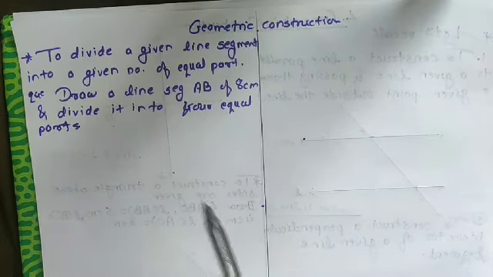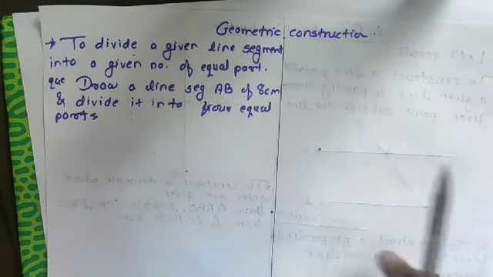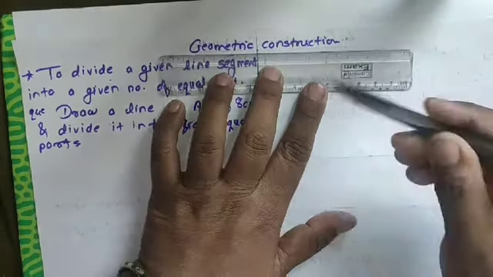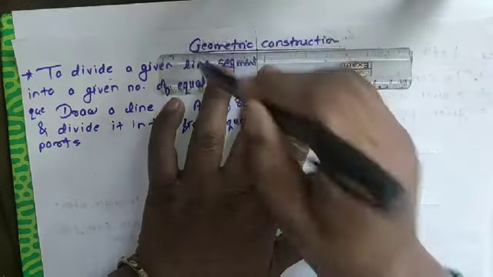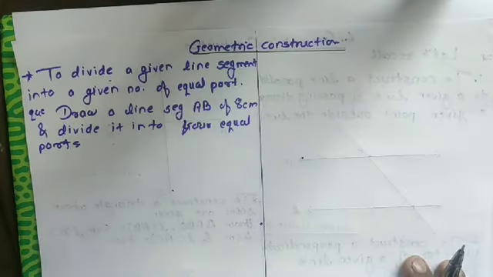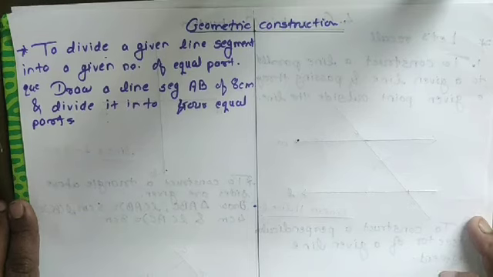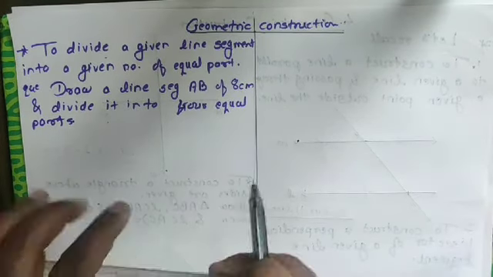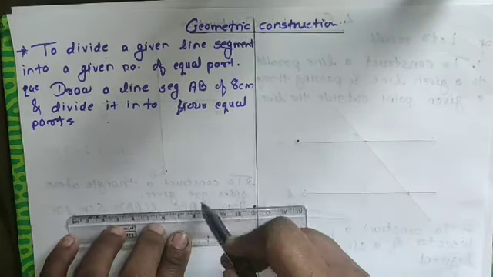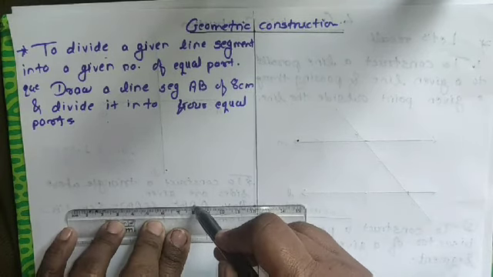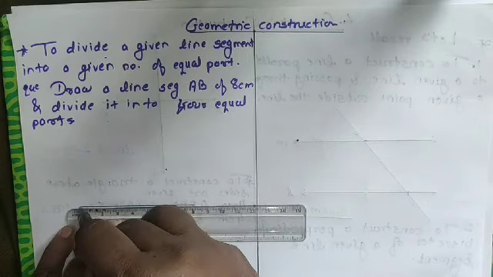So for that, first of all, divide a given line segment. I have to draw the line segment, and its measure is given here, that is 8 centimeter. So first of all, I will draw here an 8 centimeter segment, from here to here.